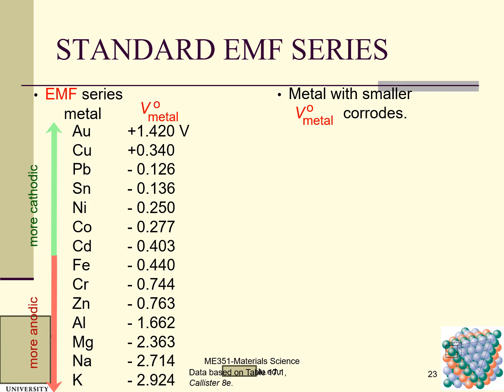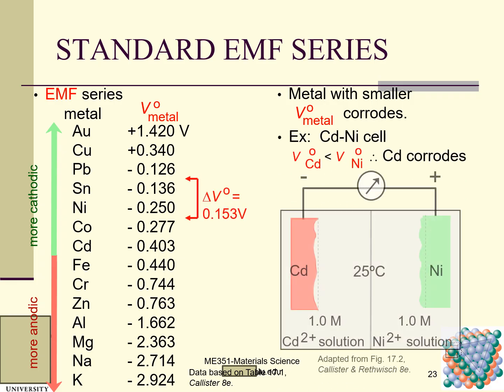So the metal with a smaller one corrodes. For example, cadmium, nickel, steel, and so cadmium corrodes. Why does this one corrode? Because it has a lower EMF value. We also call it the potential. So each of these atoms will give up 2 electrons. These 2 electrons will come to another element, for example here.